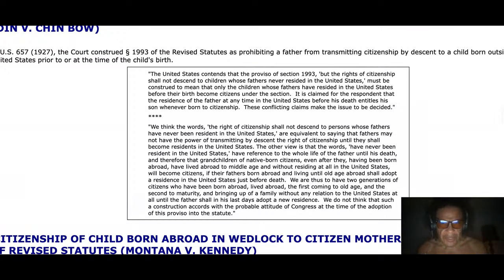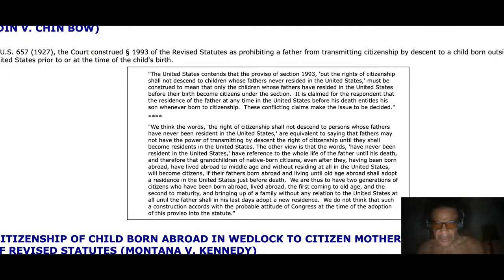We think the words "the right of citizens shall not descend to persons whose fathers have never been resident in the United States" are equivalent to saying that fathers may not have the power of transmitting by descent the right of citizenship until they shall become residents in the United States.